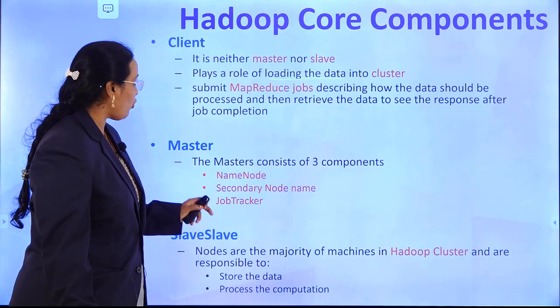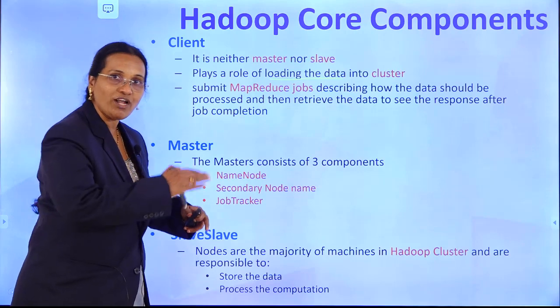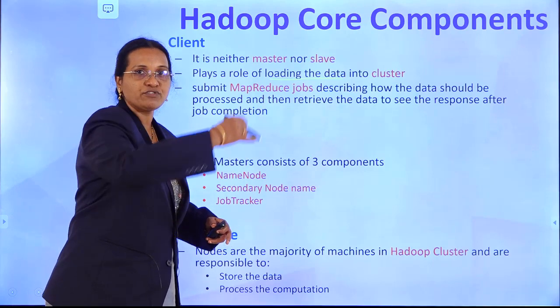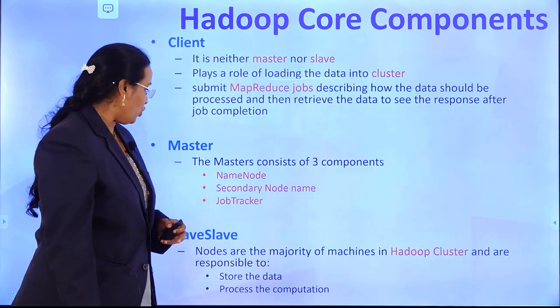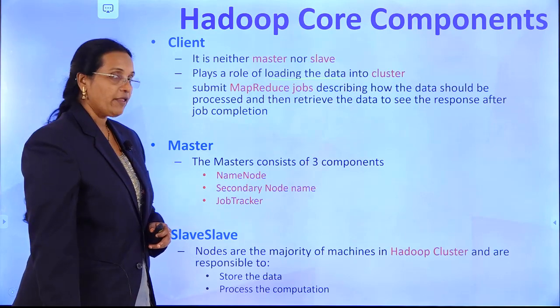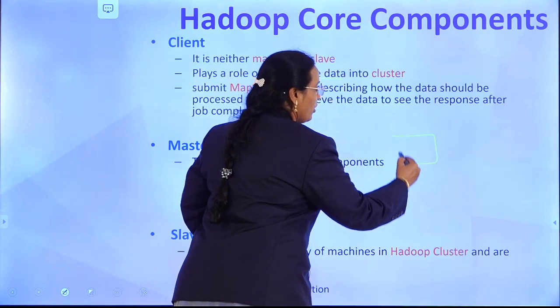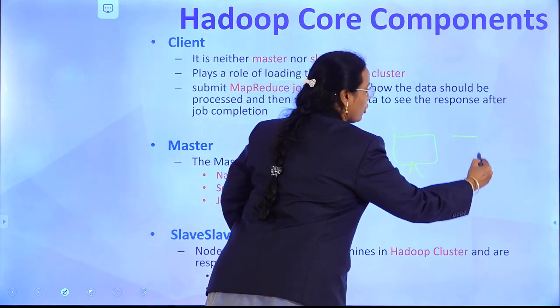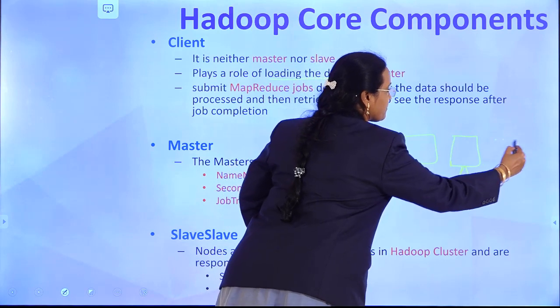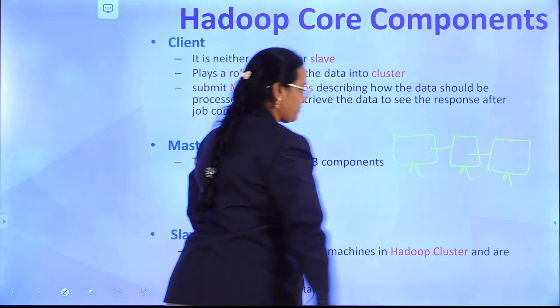And the last core component is called the slave nodes, or slaves, because n number of slaves will be there. Nodes are the majority of machines in a Hadoop cluster. That means the Hadoop cluster is basically made of n number of nodes, or slaves.